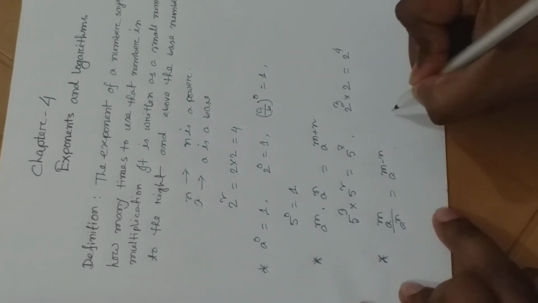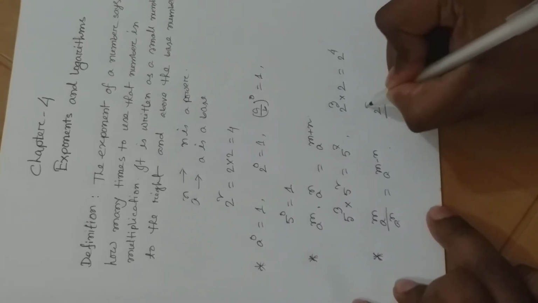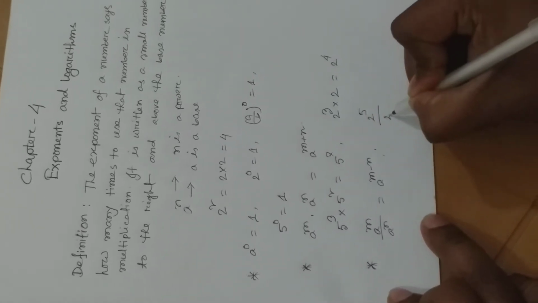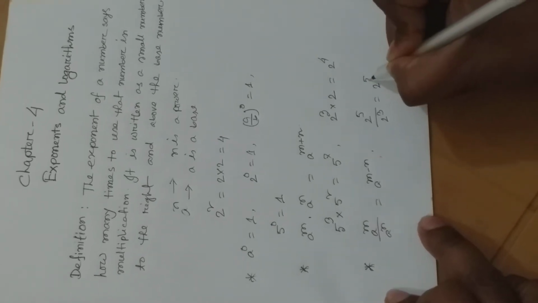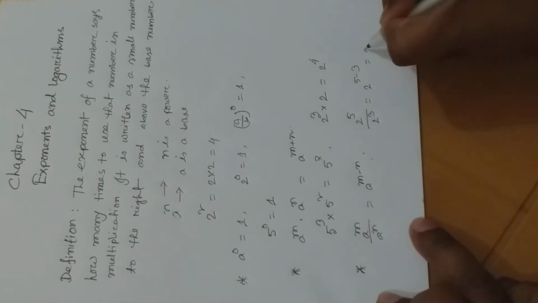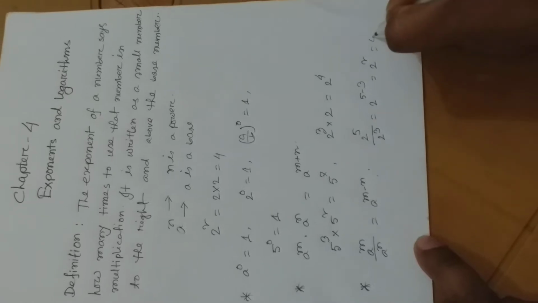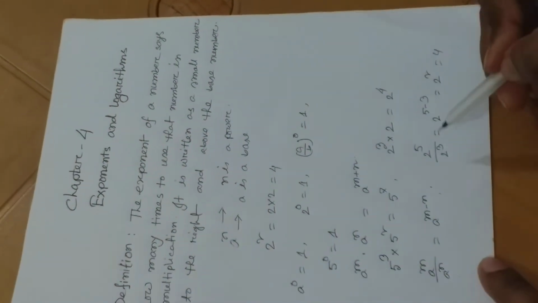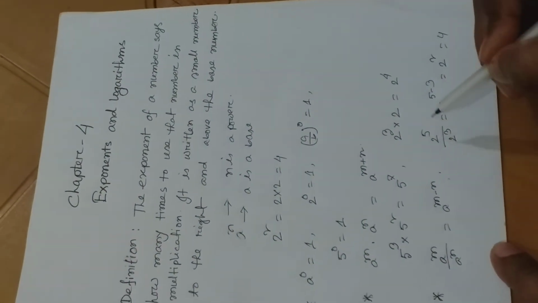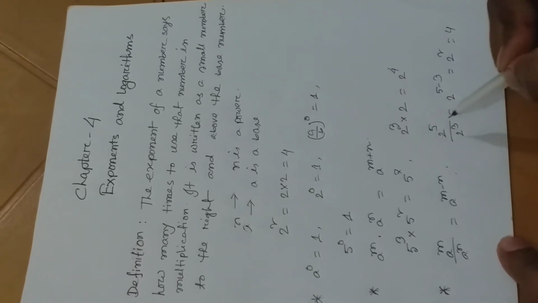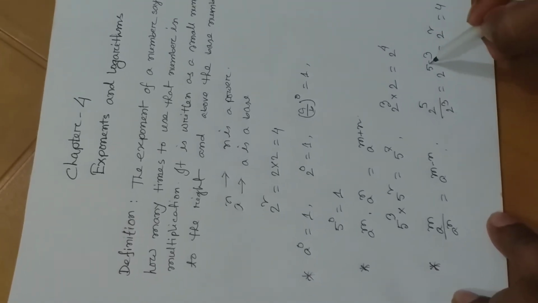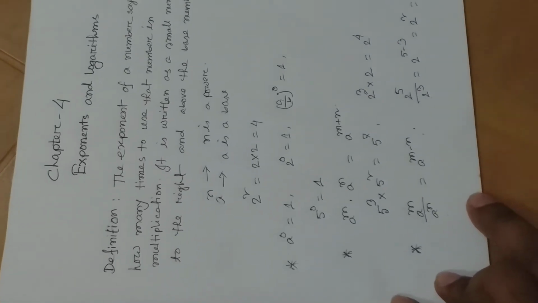For example, 2 to the power 5 by 2 cube, then you can write 2 to the power 5 minus 3, the result will be 2 square, it will be 4. You can see the bases are the same, it is in division form, then the power will be minus.